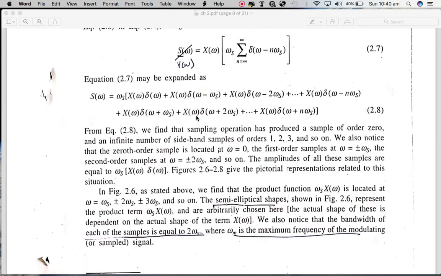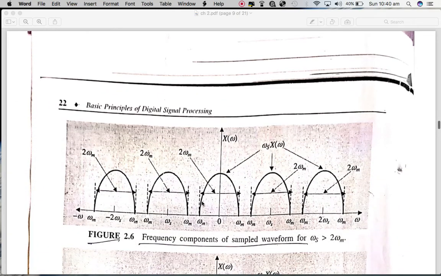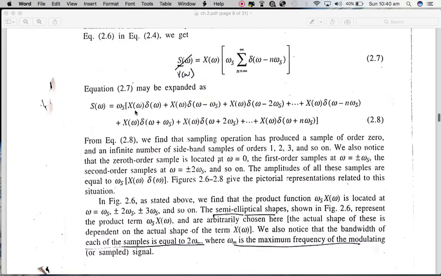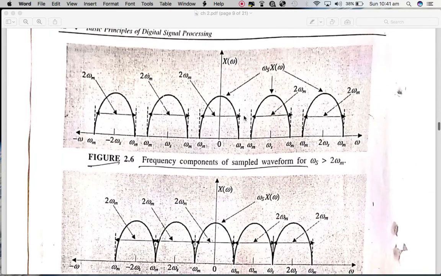The shape of each semicircle is the shape of the input signal and depends upon the input signal. These omega s terms indicate that impulses are coming at various different times, and the bandwidth of those semicircles is equal to 2Wm, where Wm is the maximum frequency of the analog signal.